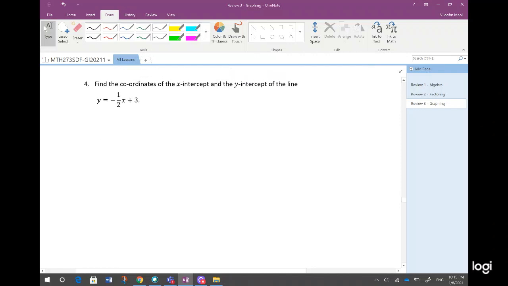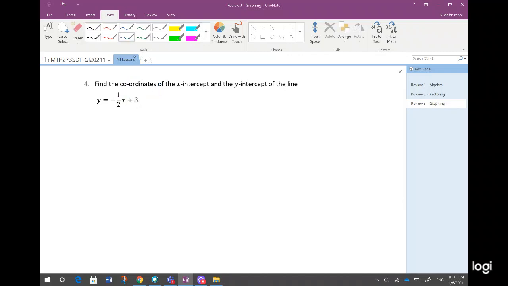Okay, so find the coordinates of x-intercept and y-intercept. When I say coordinates, it means you have to show x-intercept and y-intercept as a pair, for example, 0 and y-intercept, or x-intercept and 0. How do you find x-intercept, y-intercept?